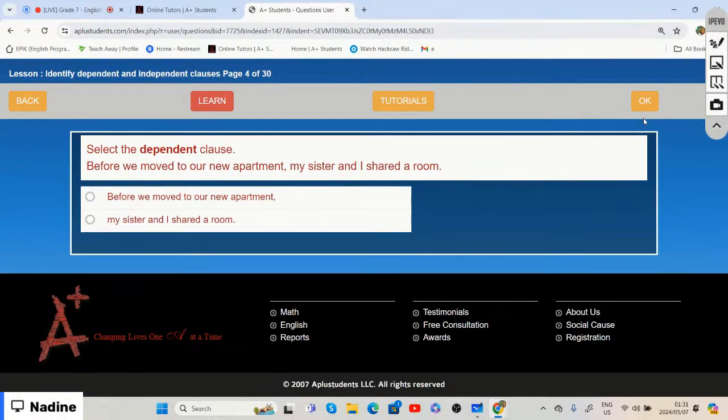We need to now select a dependent clause. Once again, it cannot stand on its own. Before we moved to our new apartment, my sister and I shared a room.